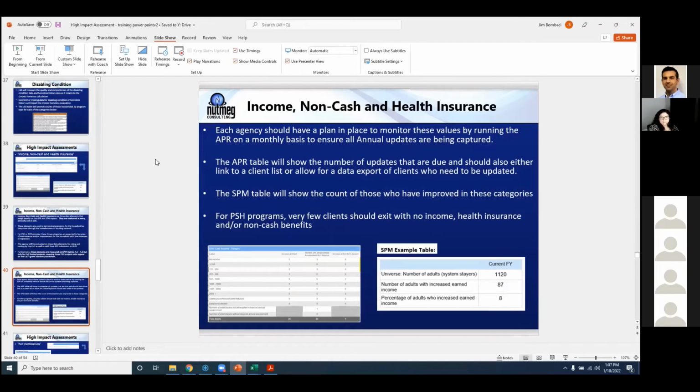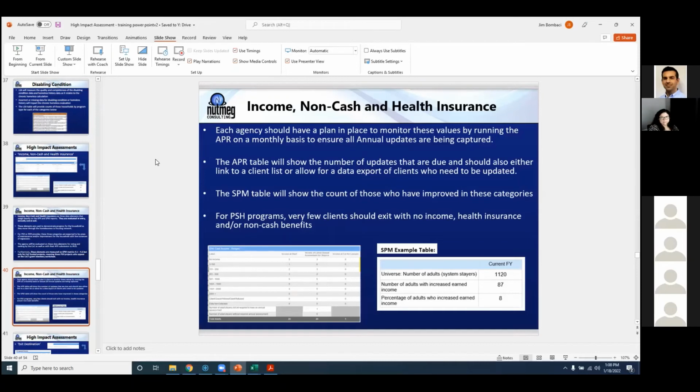So I run my report from May 1 to April 30th, and my client had an income improvement in May of 2021, but that doesn't influence my most recently submitted report. So it looks like this person didn't have an improvement in income. Well, it will on your next APR. It just won't impact your current APR, and that's okay.